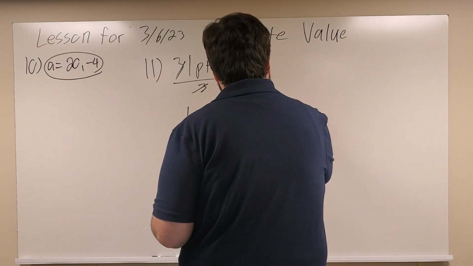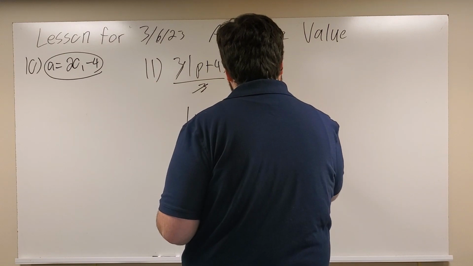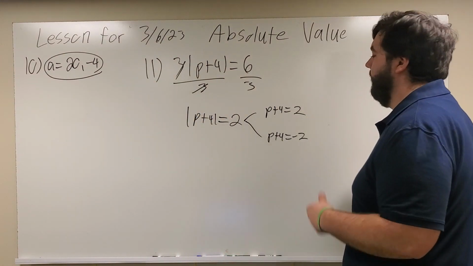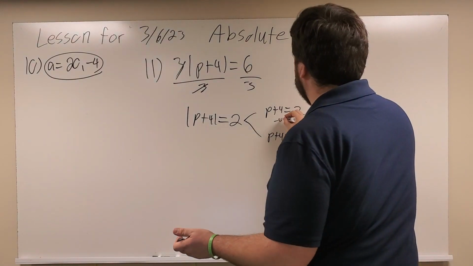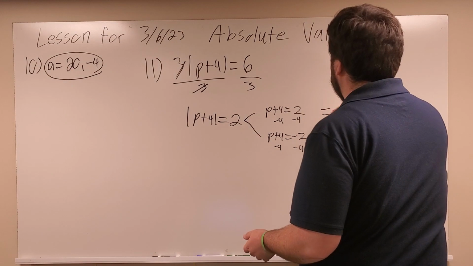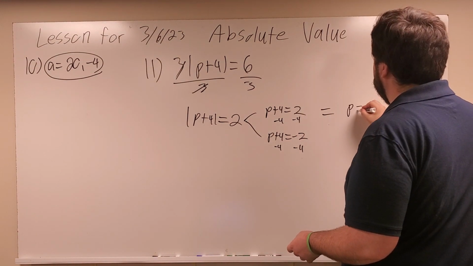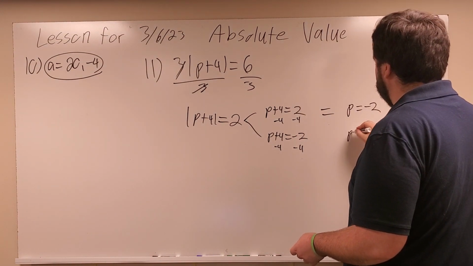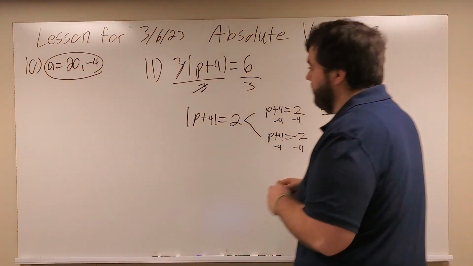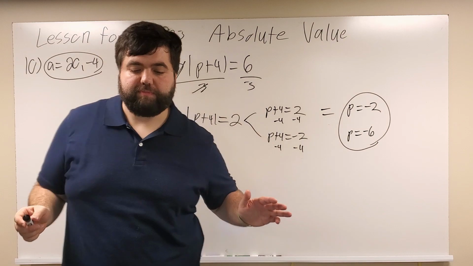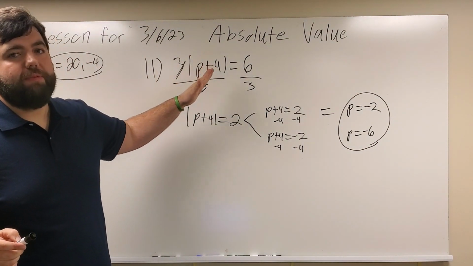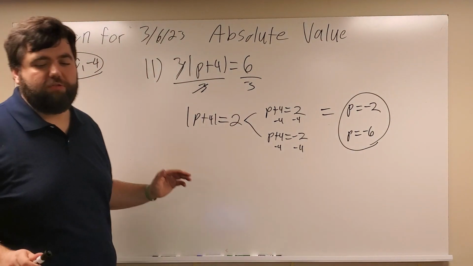So we get p plus 4 is equal to 2. P plus 4 is equal to negative 2. Now we just solve for p, subtract 4 from both sides. And we get p equals negative 2, p equals negative 6. Alright? So when you have something times the absolute value, divide, do not distribute.